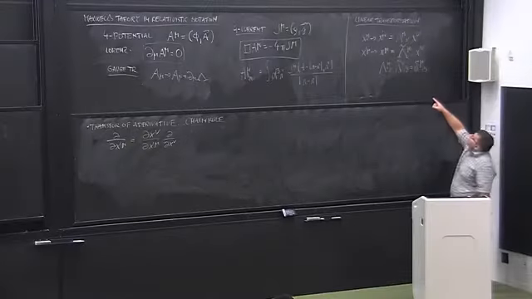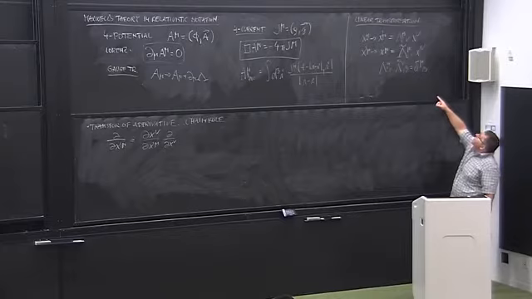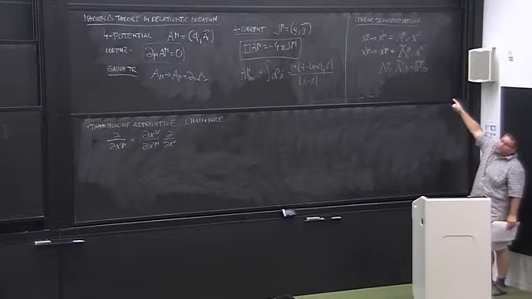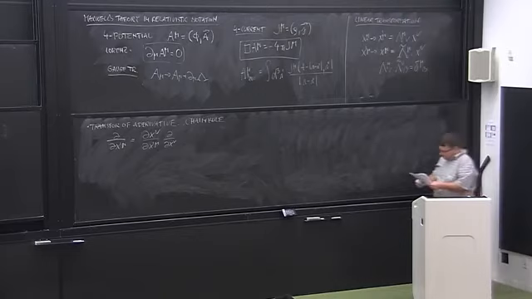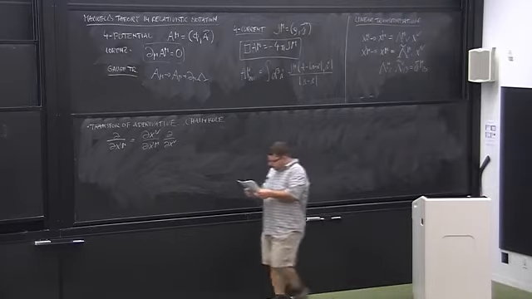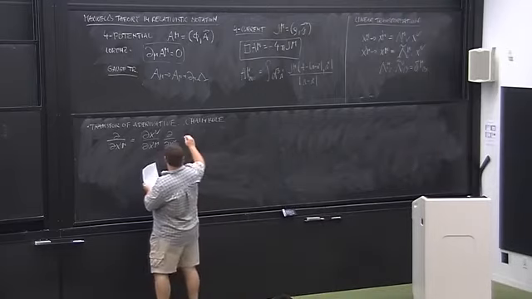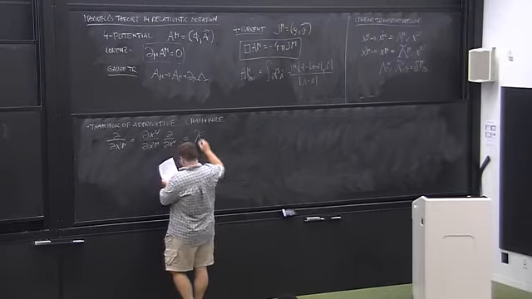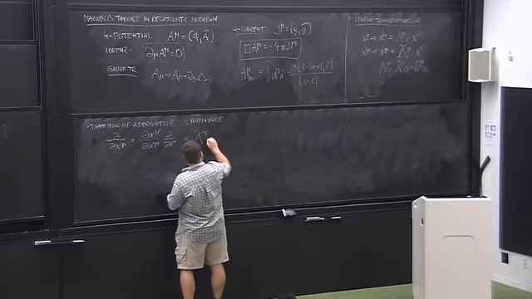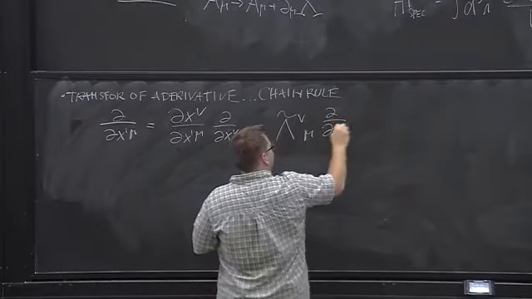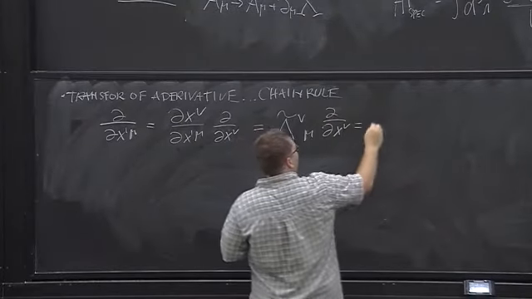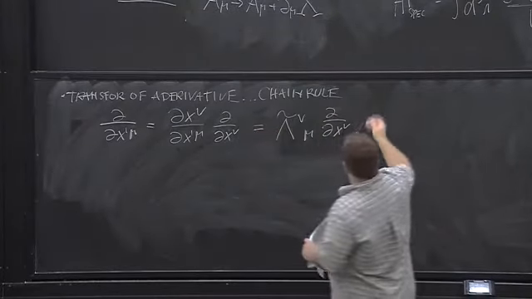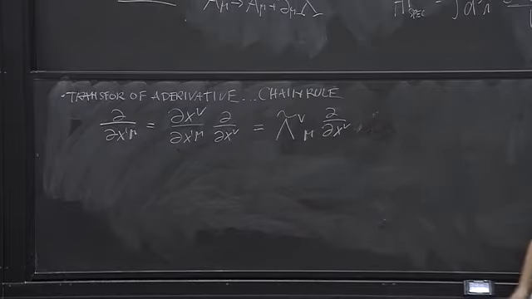Okay, and you see, well, I have different indices, but it's the second line I have to be using. So you see that it transforms according to lambda tilde. Okay, so this thing will be lambda tilde nu mu d over dx nu. Transform it according to lambda tilde.